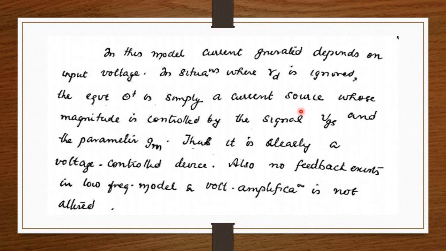So the small signal FET circuit is equivalent to a current source. It is already a voltage controlled device, which we know earlier, and also no feedback exists in a low frequency model, and voltage amplification is not altered. So by this model, there is no feedback and hence the voltage amplification is not changed.